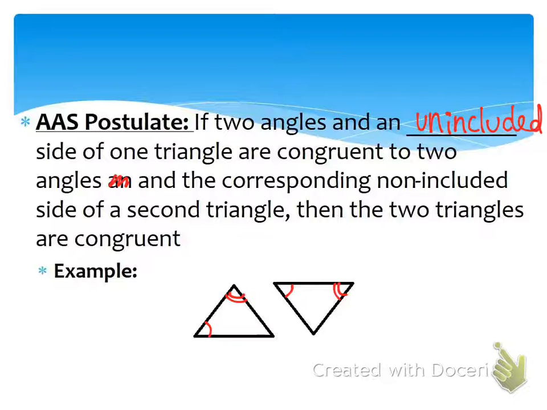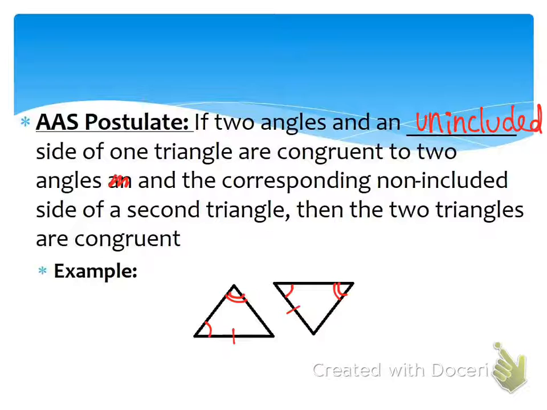If I were to mark this bottom side from my first triangle, that's the side that is next to the one with one arc mark, or you could think about it as the one across from the one with two arc marks. So I have to make sure I use the corresponding side from my other triangle. Is that going to be on the left, the top, or the right? The left.